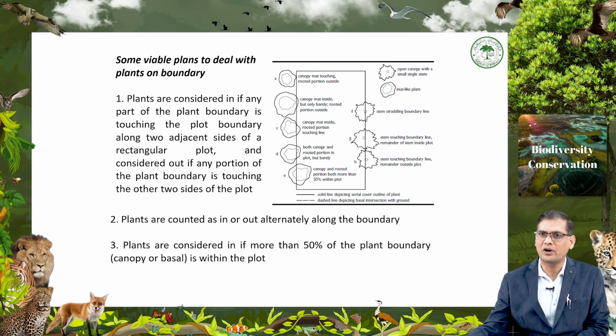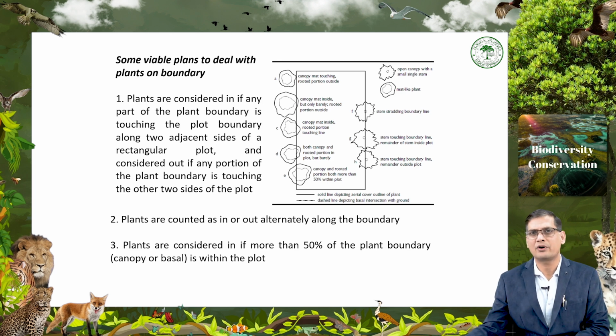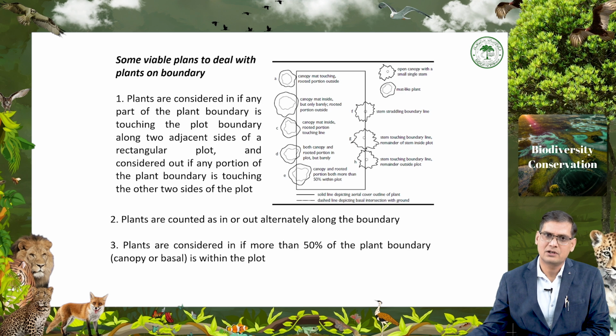We can use any of the following options to take the decision on the plants located at the boundary of the plots. Number 1: plants are considered in if any part of the plant boundary is touching the plot boundary along two adjacent sides of a rectangular plot, and considered out if any portion of the plant boundary is touching the other two sides.